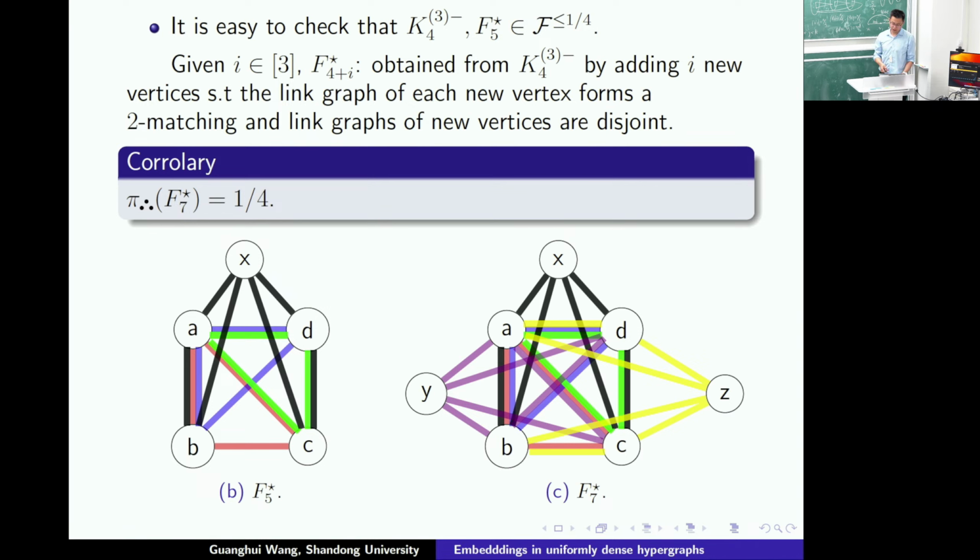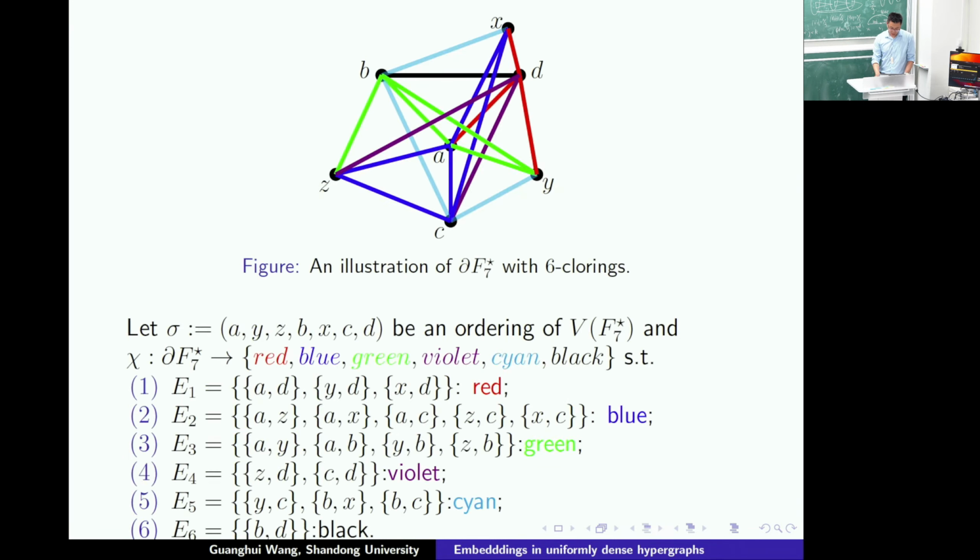We put 3 new vertices x, y, z into this graph, and the link graph is also 2 matchings, and the link graphs of the new vertices are disjoint. So by our theorem we deduce that the uniform Turán density of this kind of graph is also 1/4, and we skip the checking process.